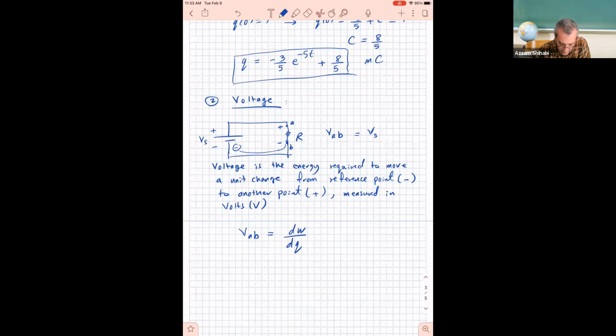Now, W is energy and is measured in joules. And Q is charge measured in coulombs.